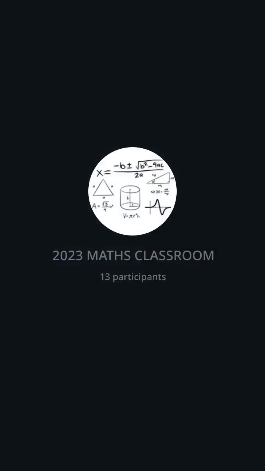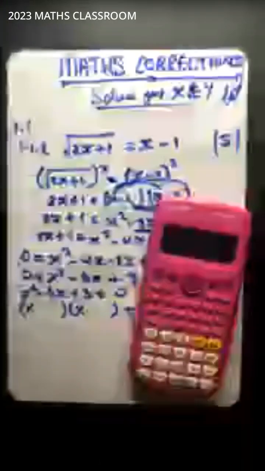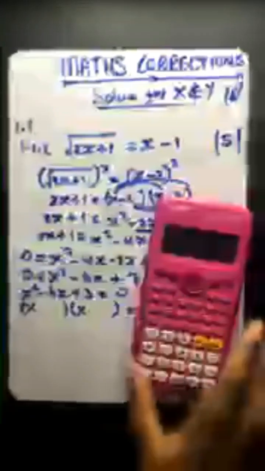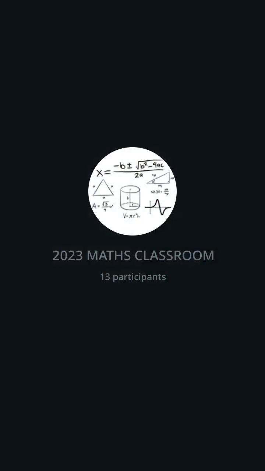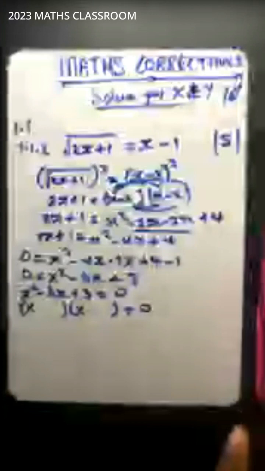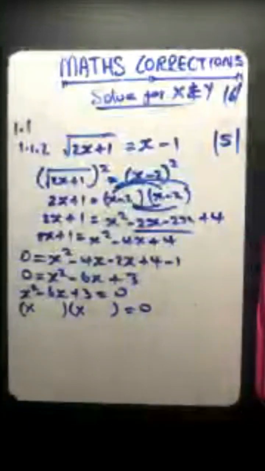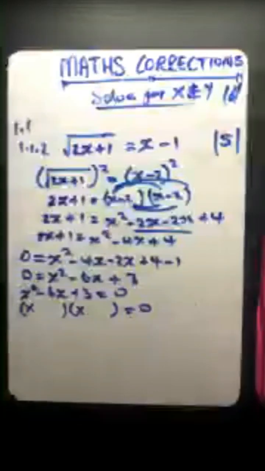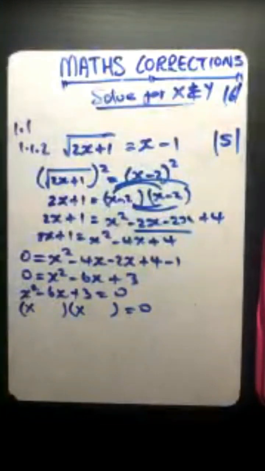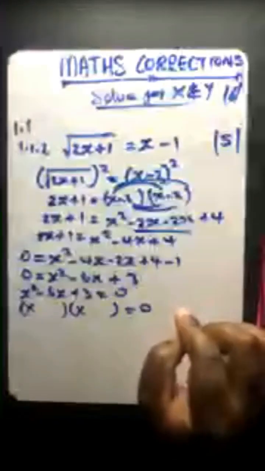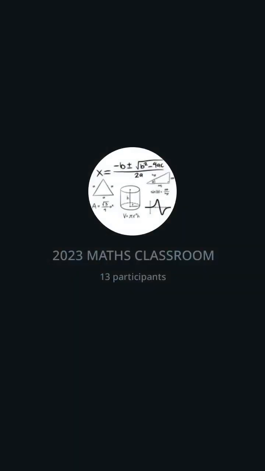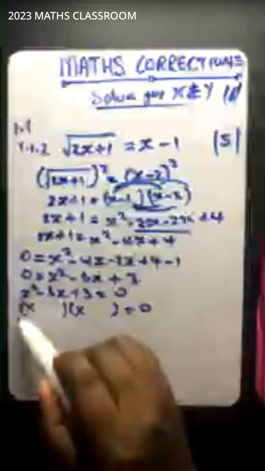I'm getting that type of a decimal, which means possibly I've made a mistake somewhere, because this thing has to be factorizable. Then in this case, what would you do?